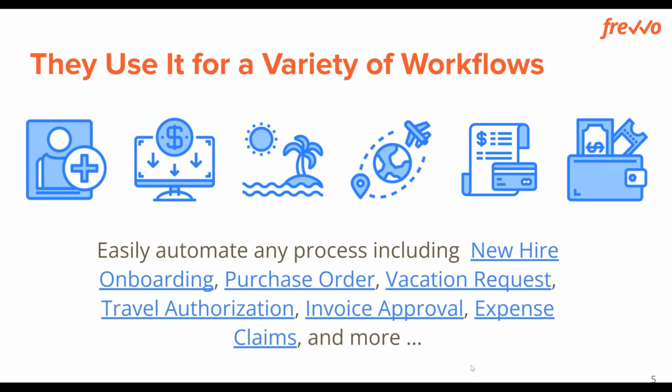Instead of having employees fill out numerous paper forms where they have to fill out, in many cases, the same information, their name, address, social security number, over and over and over again, with frevvo, you can collect that information once and map it through to all of the forms that you need. You can also do field validation, which makes sure that your data is accurate and eliminates that back and forth.